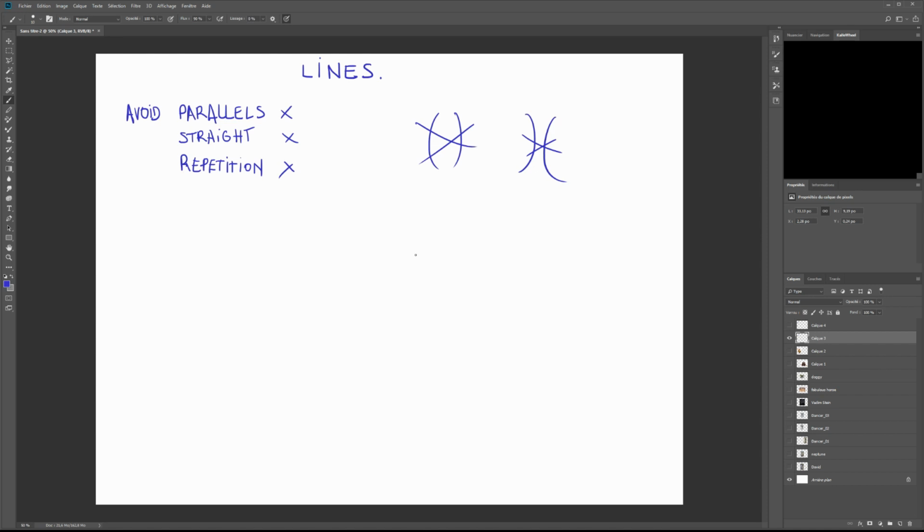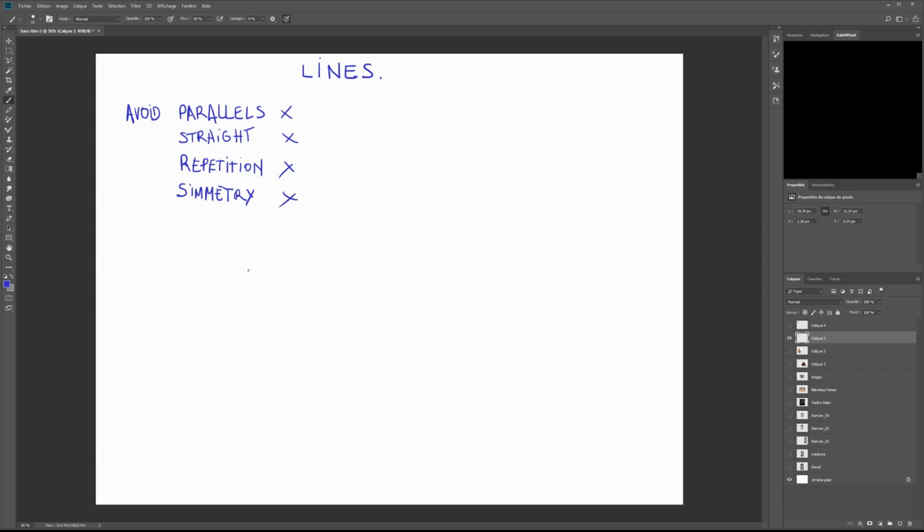Like, if you try to draw a character with this kind of lines, you're gonna end up with this kind of character you see with this kind of hand, and yeah, that's super ugly, and you really don't want that. Okay, so we are gonna try to avoid symmetry. Symmetry you don't want.